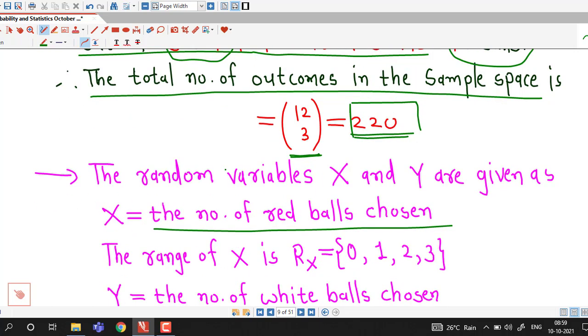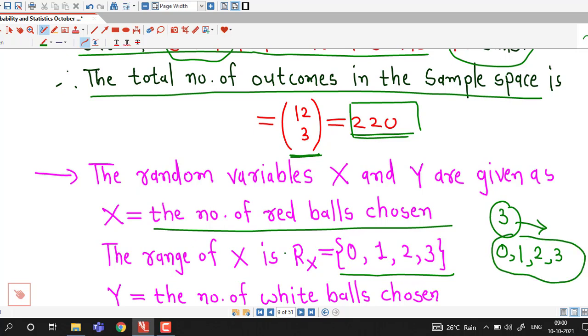So the range of random variable X is Rx equal to the set containing 0, 1, 2 and 3, because we are going to select 3 balls out of 12 balls. Among those 3 selected balls, there may be 0 red ball, 1 red ball, 2 red balls or 3 red balls. So the possible values of random variable capital X are 0, 1, 2 and 3.